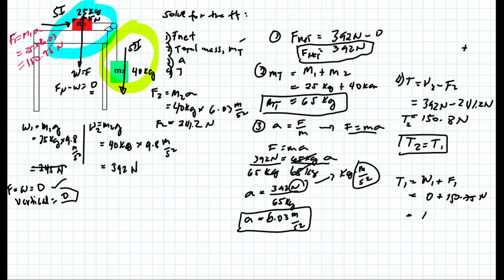So 0 plus 150.75, we have 150.75 newtons, or we can express it as 150.8 newtons. They're just the same. So we actually follow T2 equals T1. That's how you solve for the F net, total mass, acceleration, and tension of this setup.